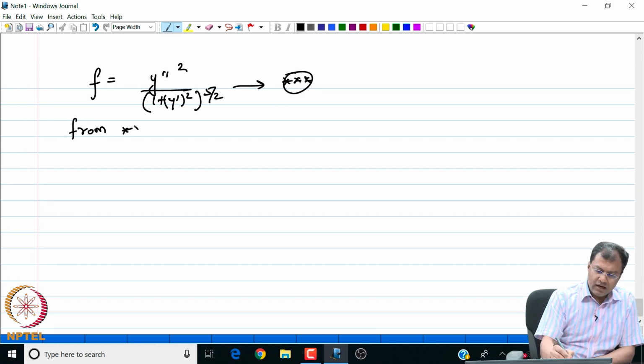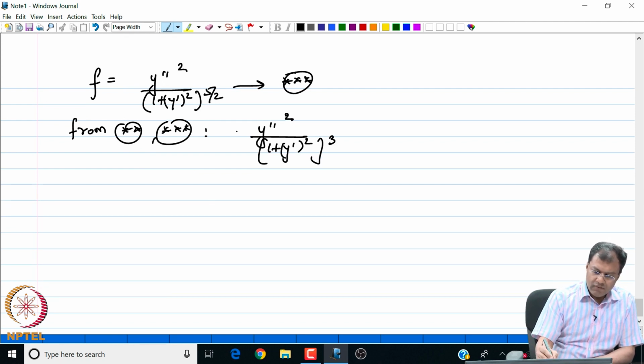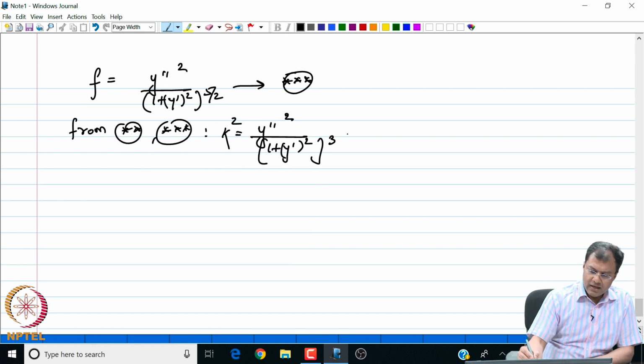So, from double star and triple star, after simplification, I get the following expression, that kappa square, which is 1 plus y prime square to the power 3, which is also kappa square, is equal to beta minus alpha y prime divided by 1 plus y prime square to the power 1 by 2.